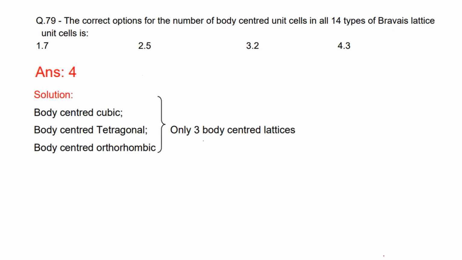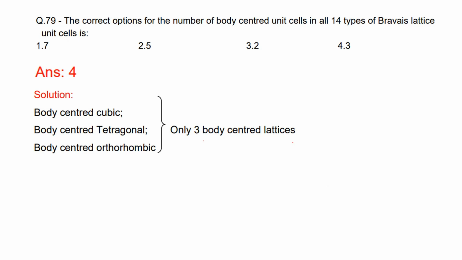A cubic unit cell will show the body-centered variation. A tetragonal unit cell also contains the body-centered variation. And an orthorhombic unit cell also contains a body-centered variation. The remaining lattices don't contain a body center. So only 3, and option 4 will be the right answer for question number 79.